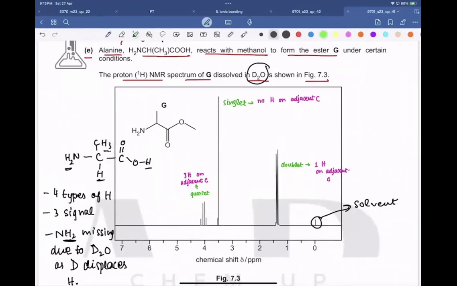Now, let's do the thing. If I'm highlighting this with green, look at the hydrogen whose neighboring carbon has 3 hydrogens. So isn't it this hydrogen? Is this clear?